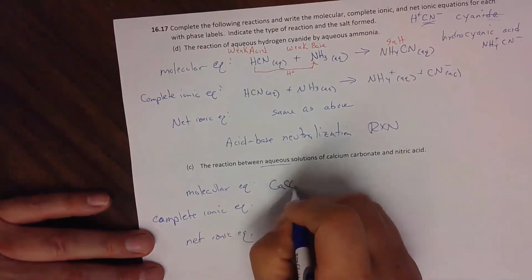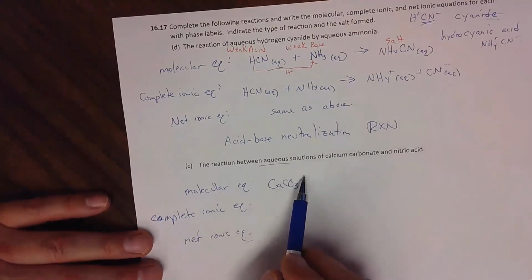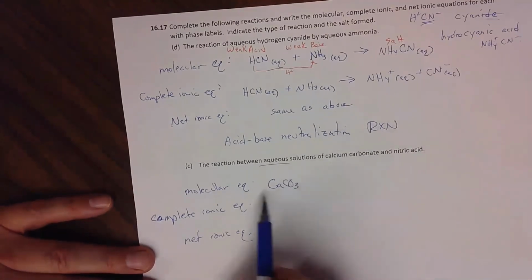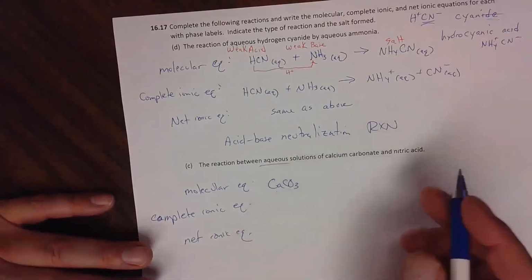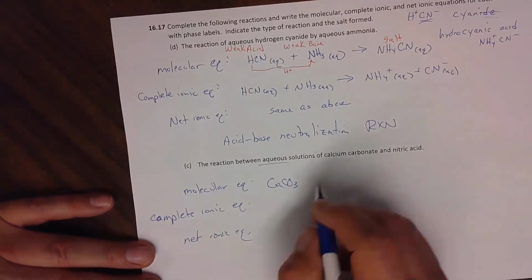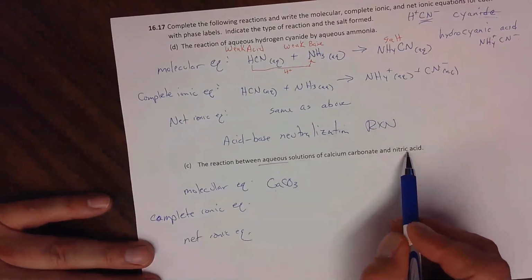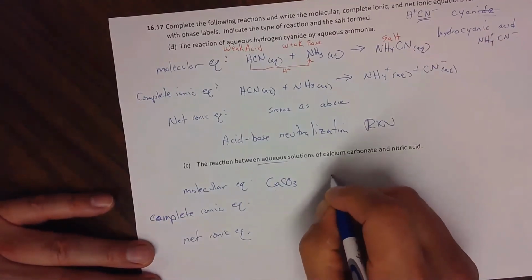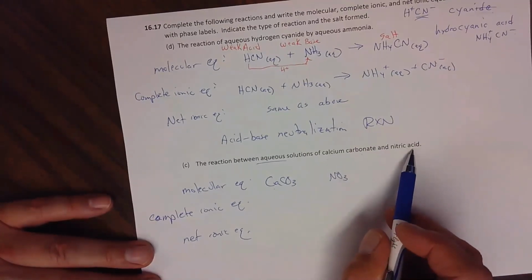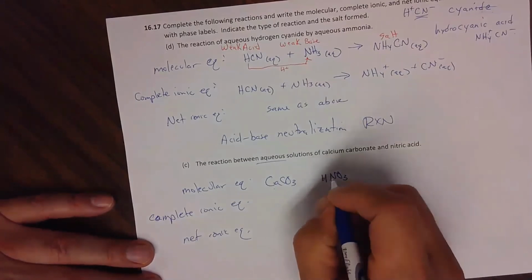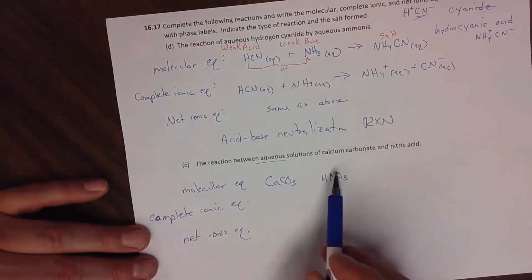The carbonate's a polyatomic ion with a 2- charge. So we have a +2, -2, so that is my neutral salt. I'll come back to the salt part here in a second. Then I have nitric acid. Well, nitric means nitrate, and nitrate is NO3 -1. To make it an acid, we'll add H pluses till it's neutral. Well, that means we only need to add 1 H, and now we have our neutral.